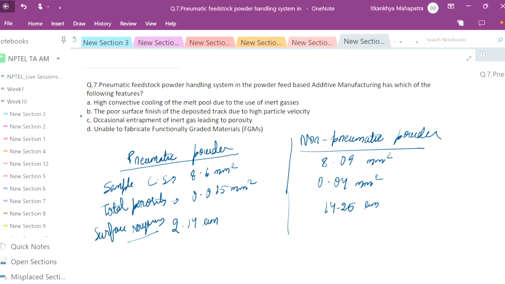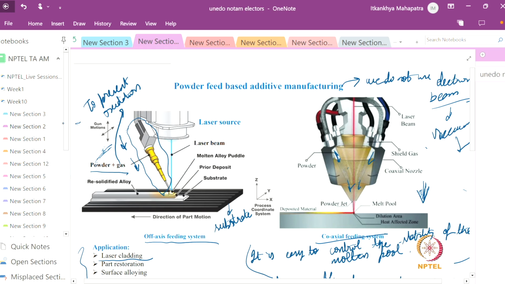According to this, the basic features for this powder handling system are that they cannot fabricate functionally graded material.